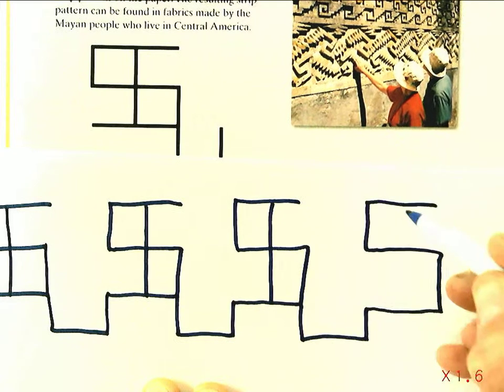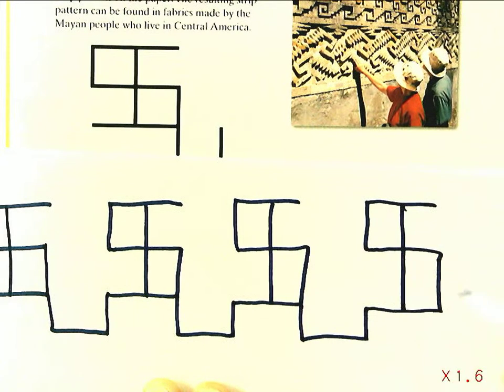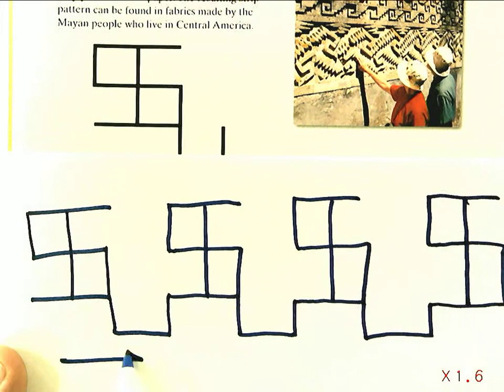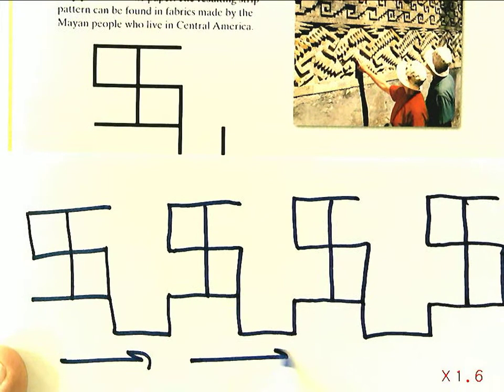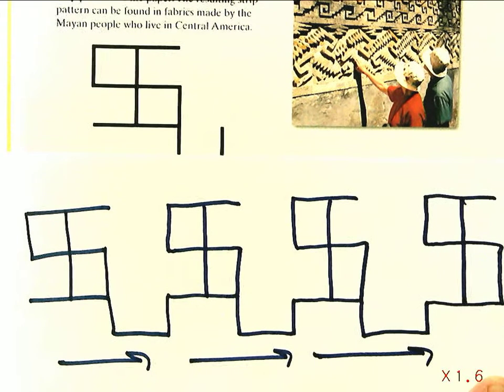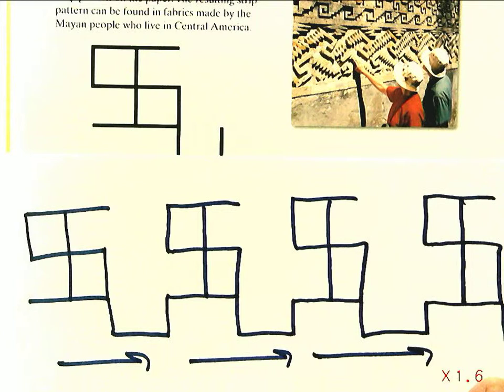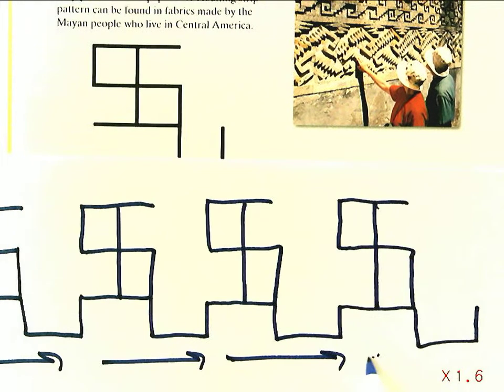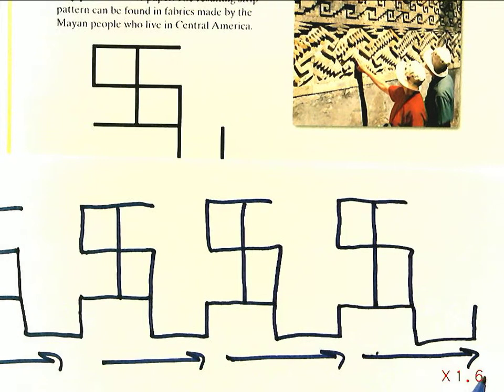It has translation symmetry because I'm simply taking the same image and translating it directly to the next space. See, each of these is a direct translation. Finish this one. And so the original image is just translated to the right directly from one location to the next.